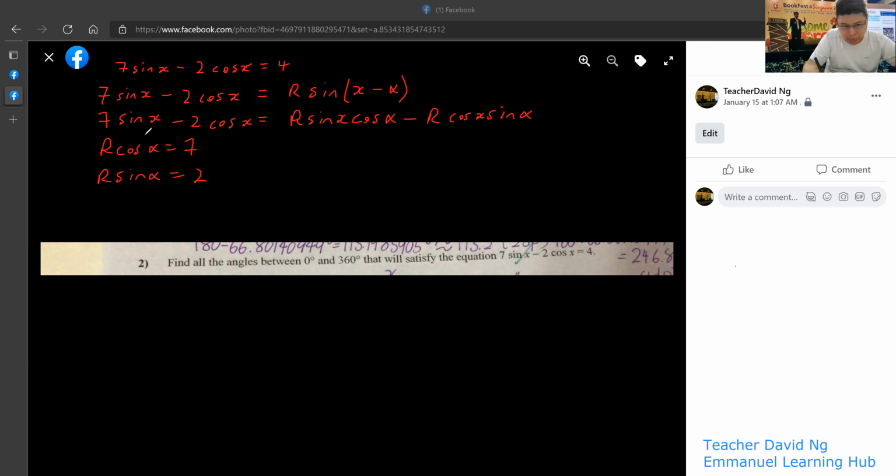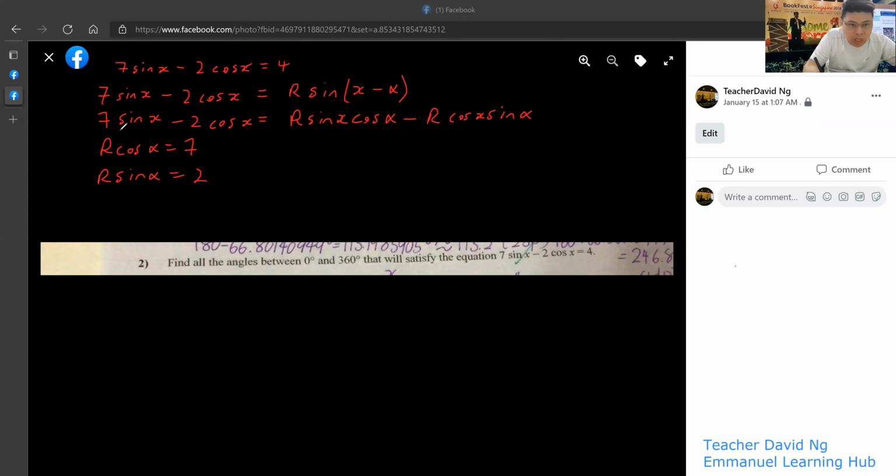By examining this expression, you notice that only one part has sine x, which is this one. This one doesn't have any sine x; it's sine alpha, so it's different.